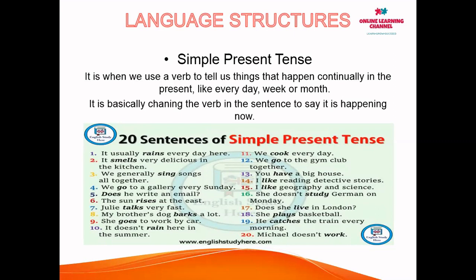Julie talks very fast. Talks, happening now. So simple present tense is the verb. It focuses on the verb and it makes the verb happen right now. So when you're answering questions in the exam or in my exercise that I have for you, look for the verb. Look how you change it into present, happening at this moment. Okay. Let's move on to the next one.